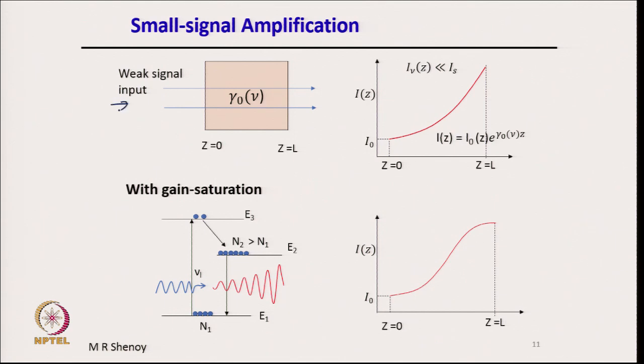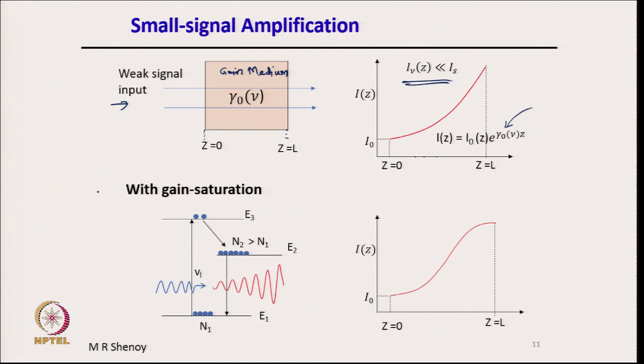If we have a weak input signal passing through the gain medium, which provides a gain coefficient gamma 0 of nu, then the input I0 will exponentially build up by this expression I of z, at any z starting from z equal to 0, which is the input point, up to z equal to L, because the length of the gain medium is L. From z equal to 0 to z equal to L, the intensity will build up exponentially by this formula, provided the signal intensity I nu of z is much less than the saturation intensity, and this we call small signal amplification.